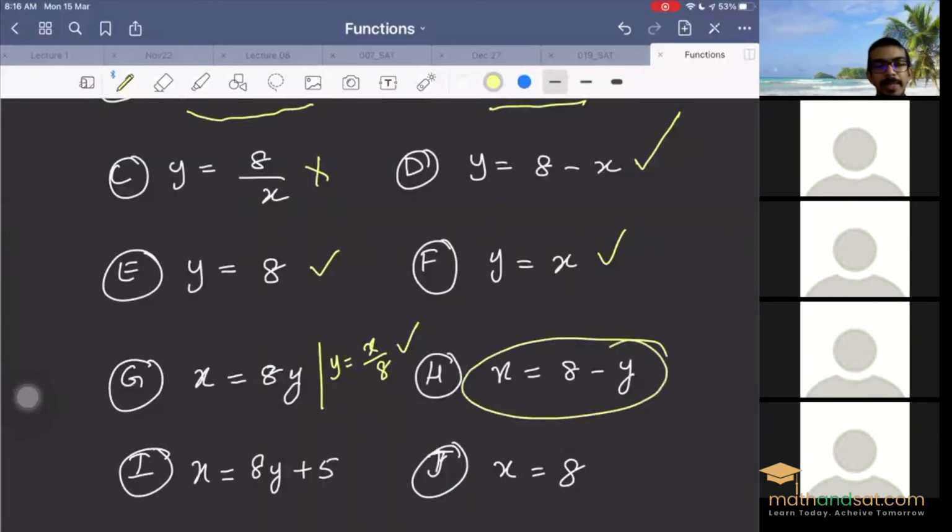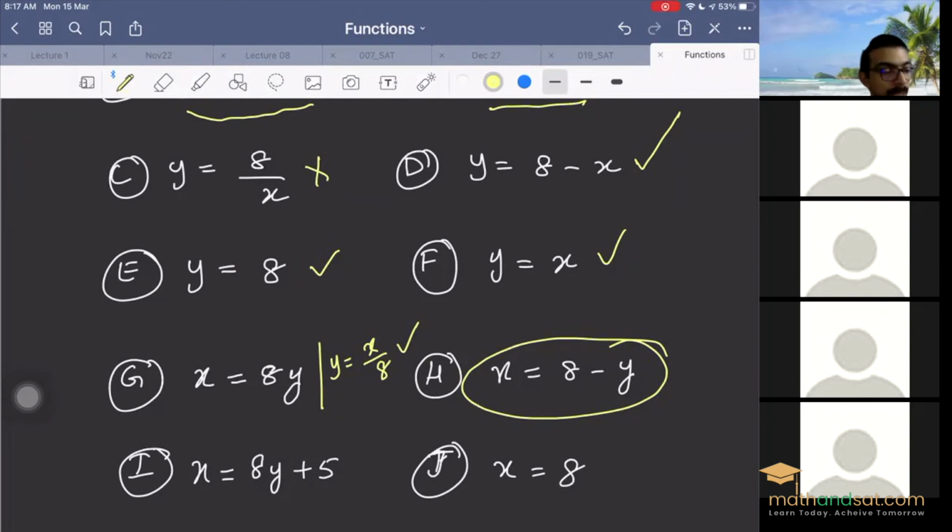X is equal to 8 minus y. Does that represent a linear function? Okay, anyway, I think we have run out of time.